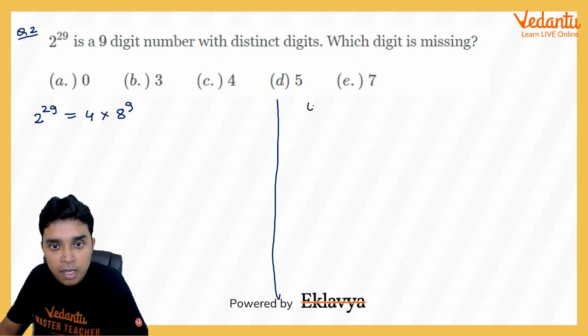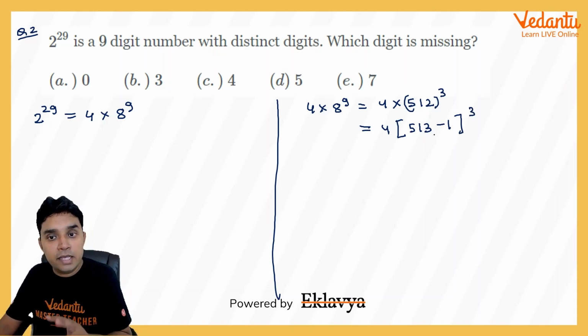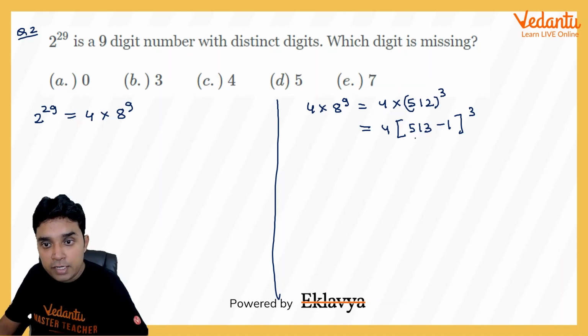Please see how. I will write 4 into 8 power 9 as 4 into 512 raised to the power 3. And this will be 4 into (513 minus 1) raised to the power 3, because 513 is divisible by 9. Please check, 5 plus 1 plus 3 is 9, so it is divisible by 9.